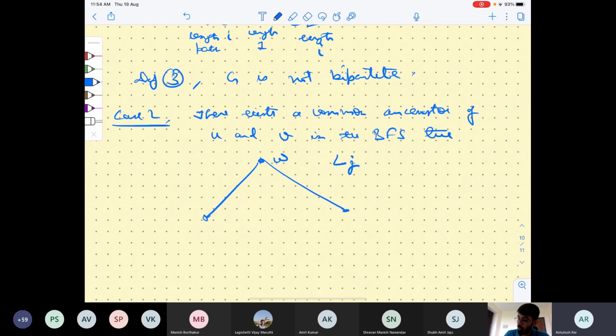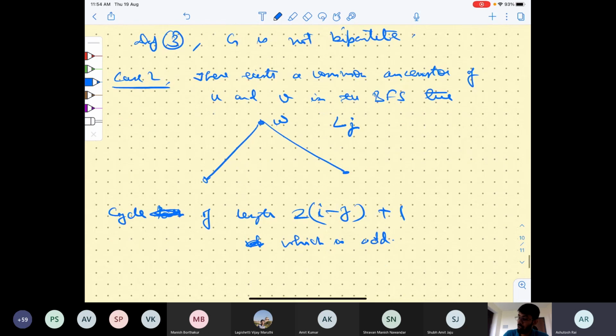Then what you get is a path of length (i minus j) 2 times plus 1, which is again a cycle of odd length. And again, you showed by definition 3 that G is not bipartite.